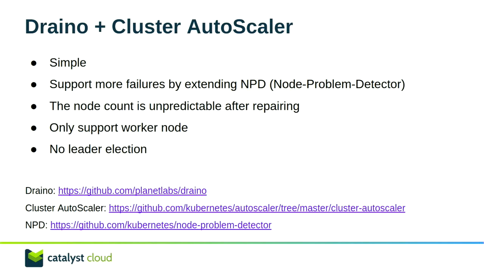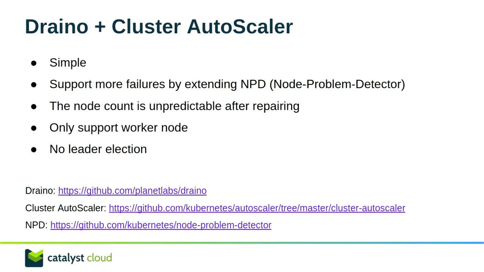You can run it in your Kubernetes cluster. It's quite simple. And when you want to support more failures for your worker nodes, you can extend NPD, node problem detector, to detect different failures.